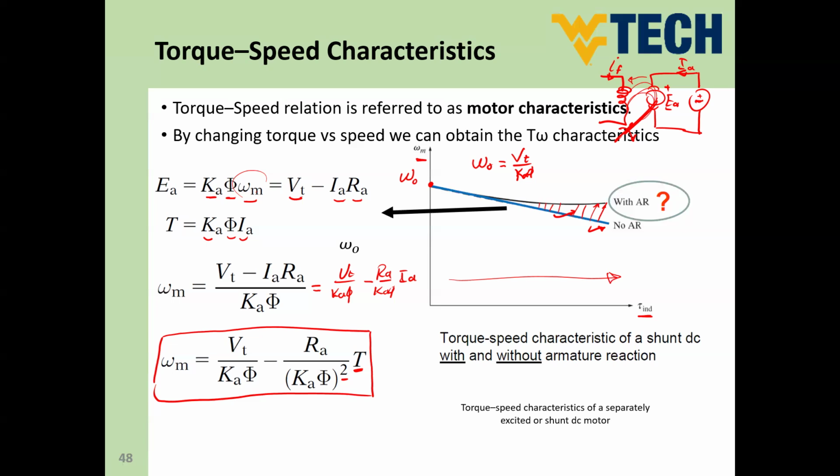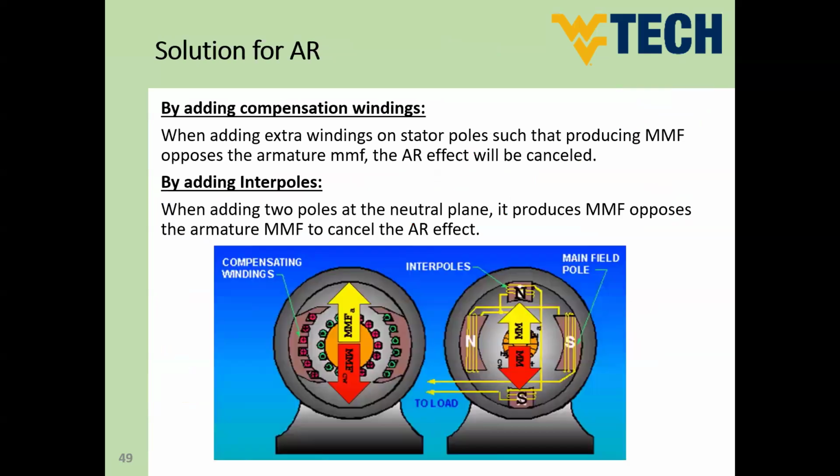Simply, guys, in order to cancel the armature reaction, we need to add more components to our flux to compensate the flux magnitude in order to keep our relation linear as is. So what are the solutions? The first solution is adding a compensation winding.